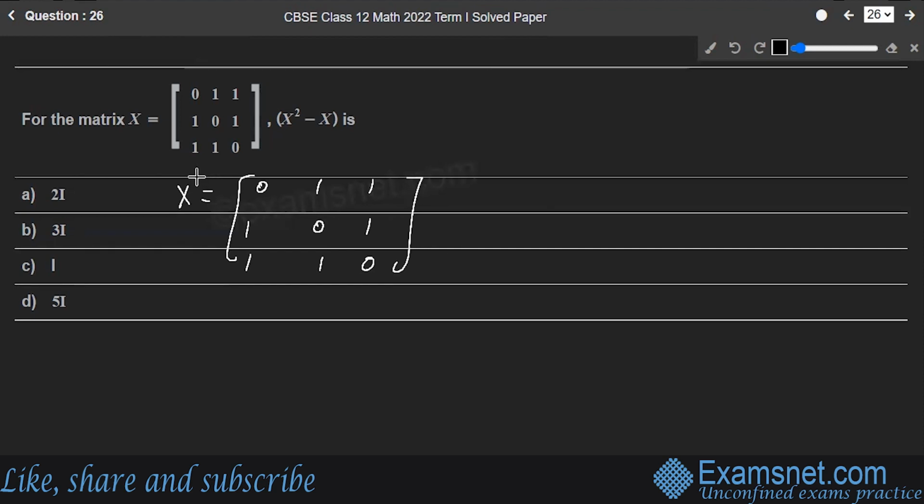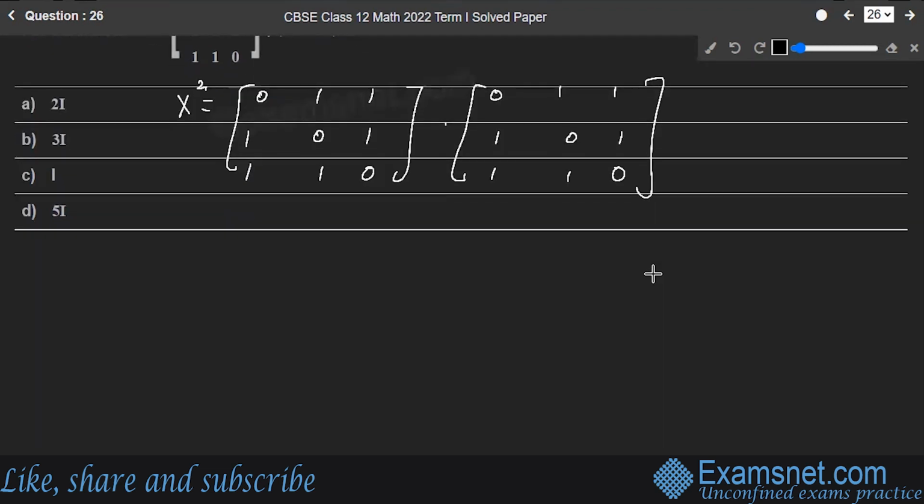What will be the value of x square? This will be given by this multiplied by 0, 1, 1, 1, 0, 1, 1, 1, 0. Okay. So this is equal to first row, first column multiplication. That will be equal to 0 plus 1 plus 1, 0 plus 0 plus 1, 0 plus 1 plus 0.